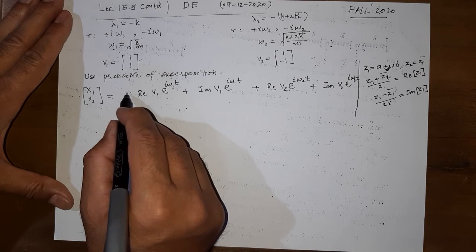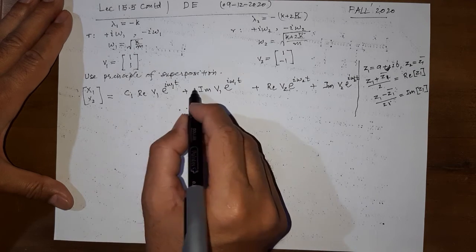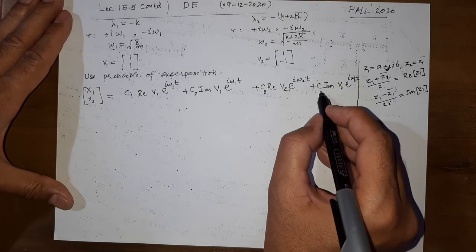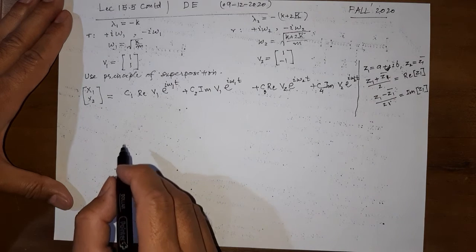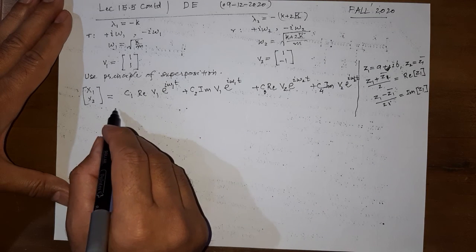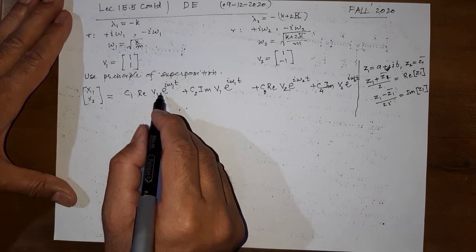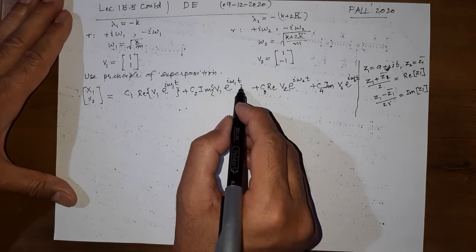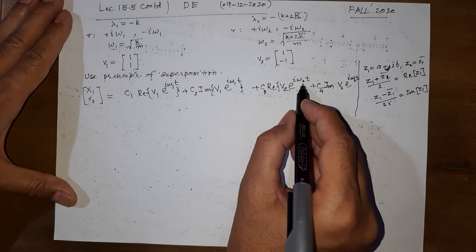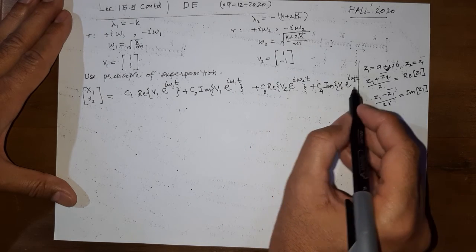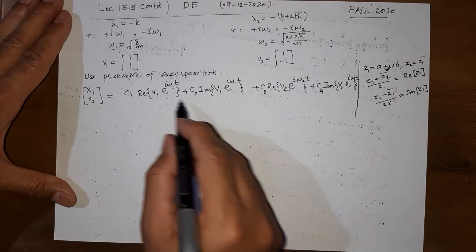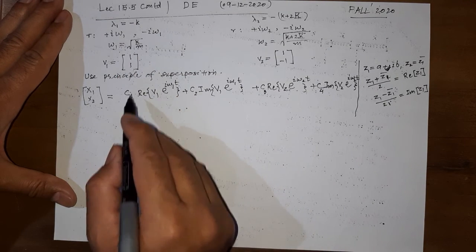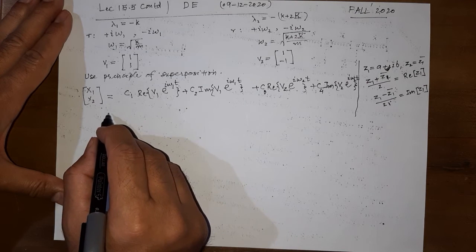So there is some constant here, say C1, a constant here, say C2, a constant here, say C3, and a constant here, say C4. Now you can see the eigenvectors are not imaginary, they are real, so they can come out from this as well.